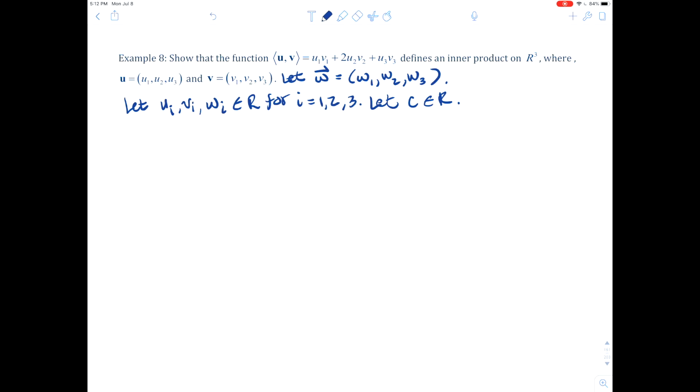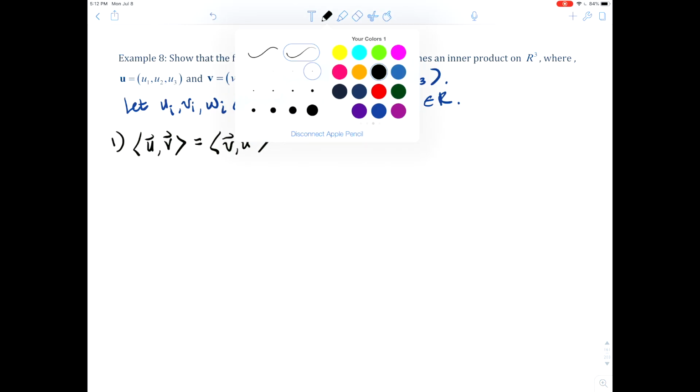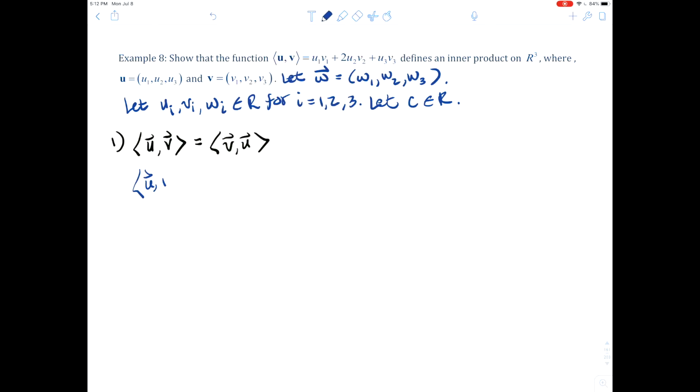First off, we are checking what? The inner product of u and v. We need to see if it's equal to the inner product of v and u. Okay? So let's do it. The inner product of u and v equals, and we were given their inner product, so it's u1 v1 plus 2u2 v2 plus u3 v3, okay?